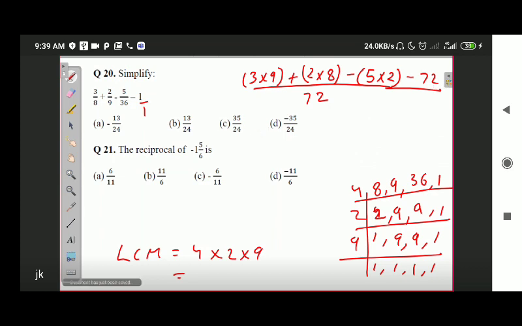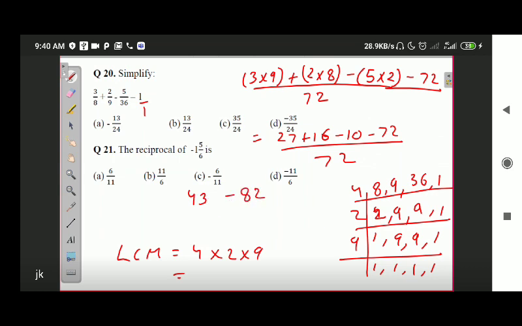So 3 9s are 27, 2 8s are 16, 5 2s are 10, minus 72 upon 72. On further simplification, 27 plus 16 is 43, minus 82 upon 72.